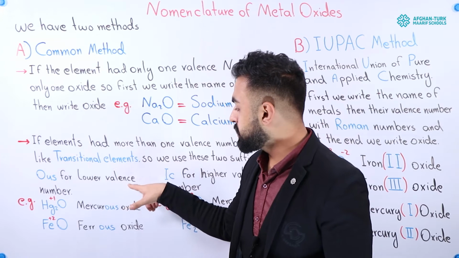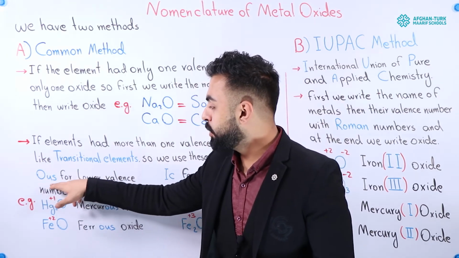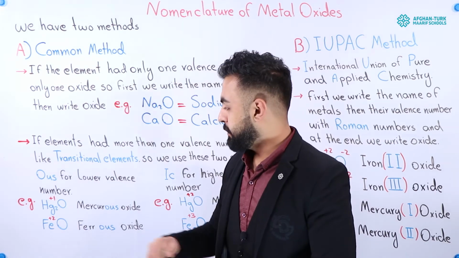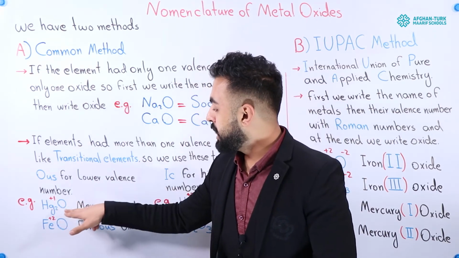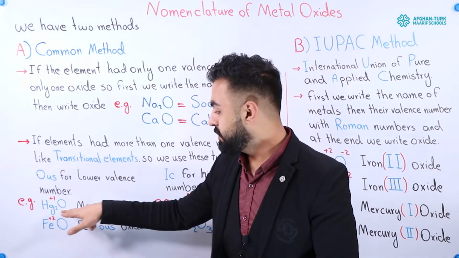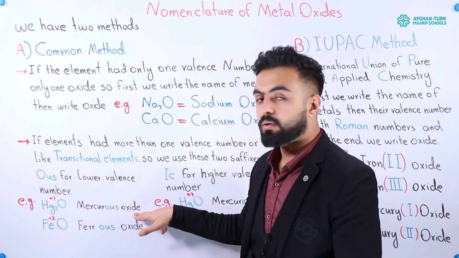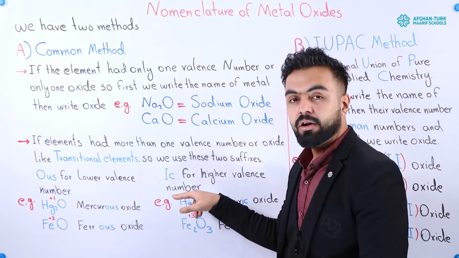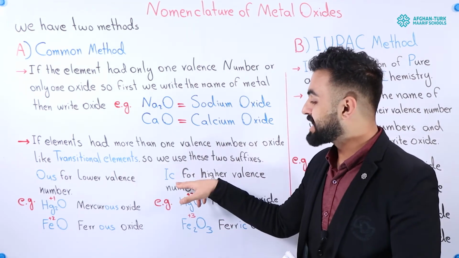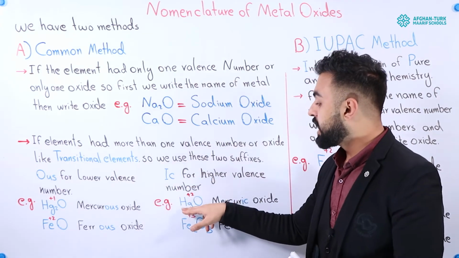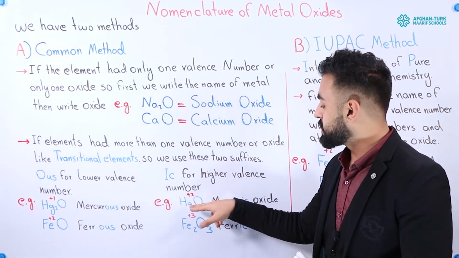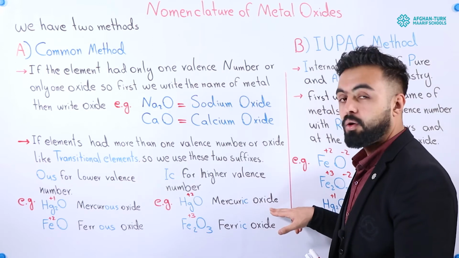For the lower valence number, we use OUS as a suffix at the end of the metal's name. For example, instead of saying mercury oxide, we say mercurous oxide. And for the higher valence number, we use the suffix IC. It is mercury with higher valence, so we say mercuric oxide.